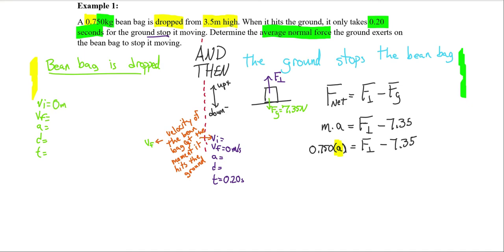This beanbag is being dropped. We want to know the final velocity. We know gravity is accelerating it, and we know that it drops 3.5 meters. I can go ahead and use my Vf squared equals Vi squared plus 2ad formula to solve for this equation. Remember, when you're taking the square root of something, you can choose the positive or the negative solution, whichever makes the most sense for your problem.